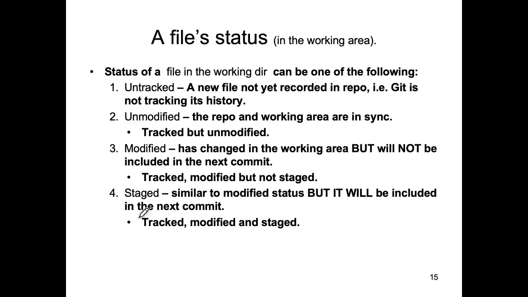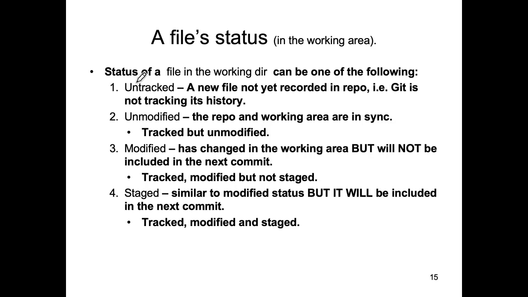Now, I talked about the status of the working area there, but if we look at any particular file in the working area, its status can be any one of 4 states. When you add a new file to your project, let's suppose we have created our project initial structure, and we have staged and committed that initial structure into the repository.